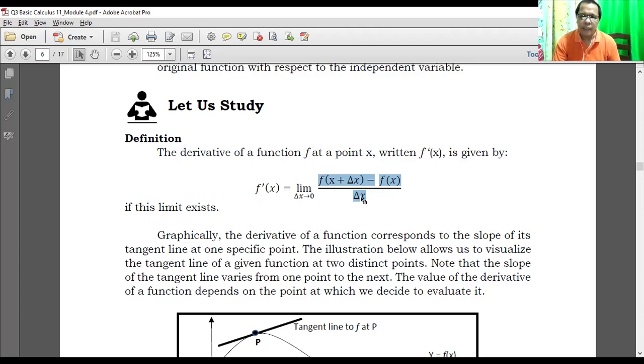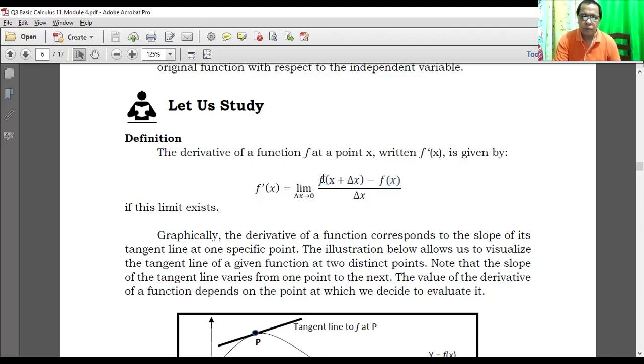And if the line is diagonal, it will not be 0. The slope means the increase in height with respect to x.